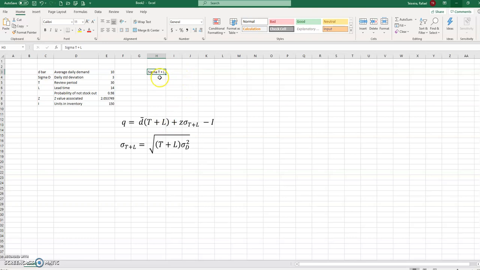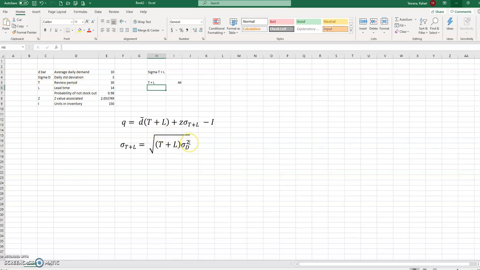So to compute this, the piece of information that I need first is t plus L. I'm starting with this part here. Then I'm going to compute sigma d, which is the daily standard deviation of my demand.